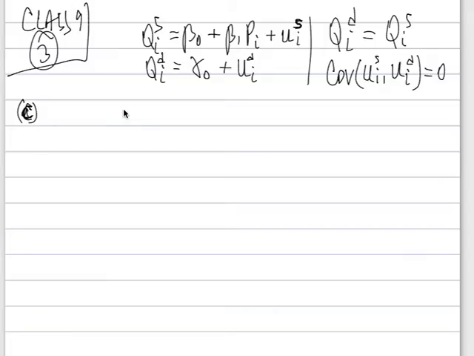Beta 0, beta 1, and gamma 0. Usually we do an instrumental variable method. We use that method to estimate the coefficients.